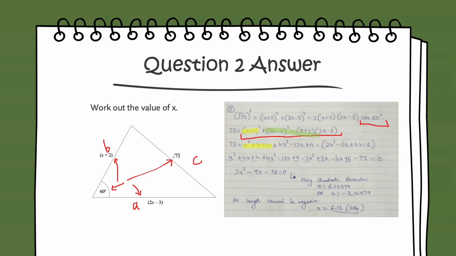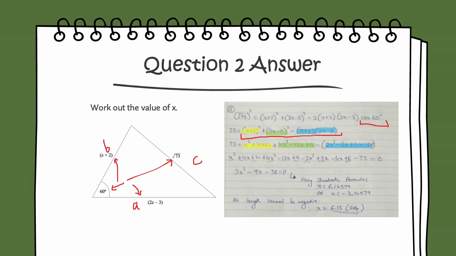So (2x minus 3) squared, that's a bit too much, let's get rid of that. (2x minus 3) squared is 4x squared minus 12x plus 9. And then the last part is (x plus 2) times (2x minus 3). That's this thing here: 2x squared minus 3x plus 4x minus 6.